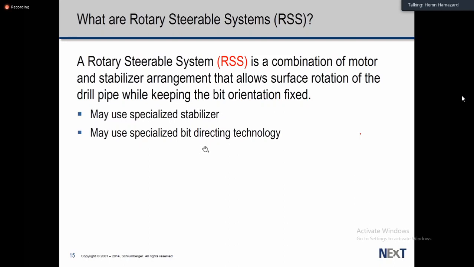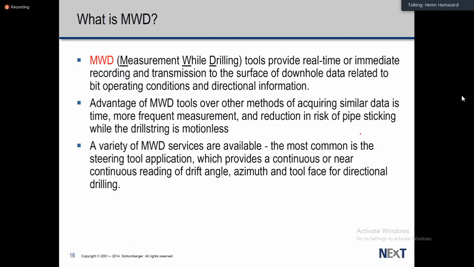MWD is measurement while drilling. You have it above your RSS or power drive, or if you have a motor, you can take surveys with MWD after each stand, and, like I said, if you're in a crucial area, you can take several MWD readings per stand, so you know if you are in line with the plan or deviating from the plan. You can make corrections anytime.